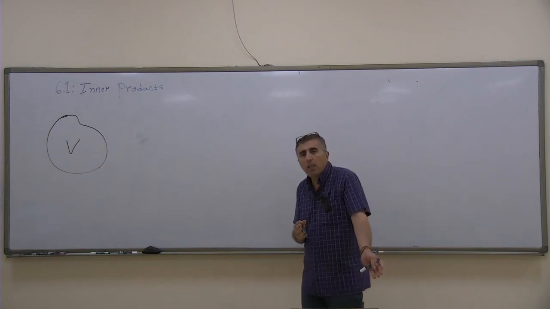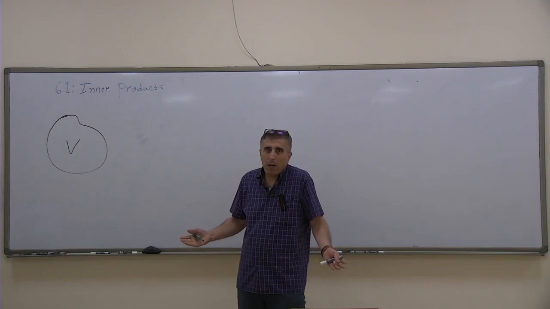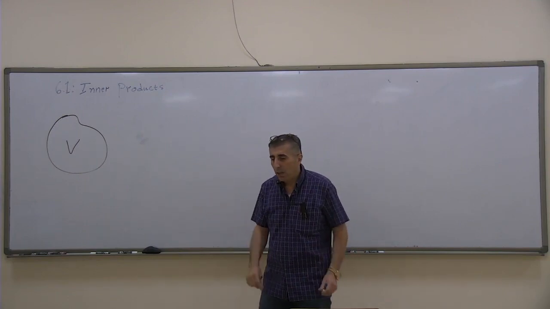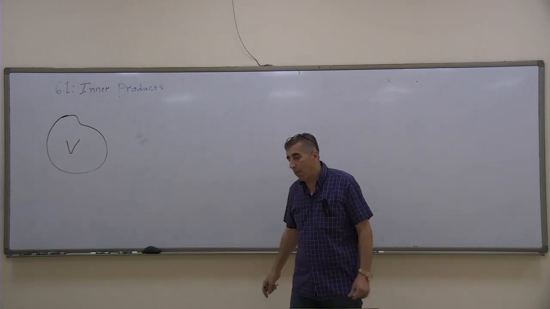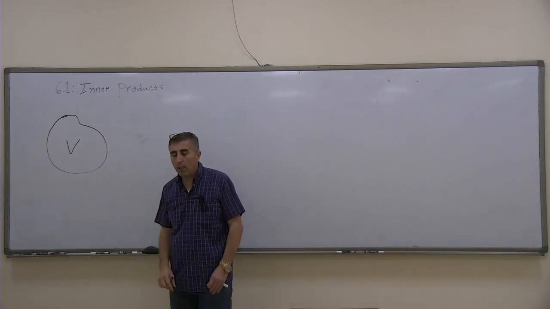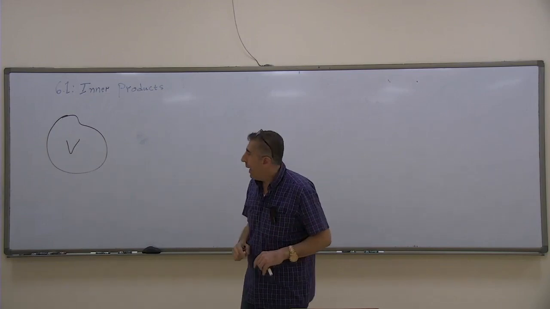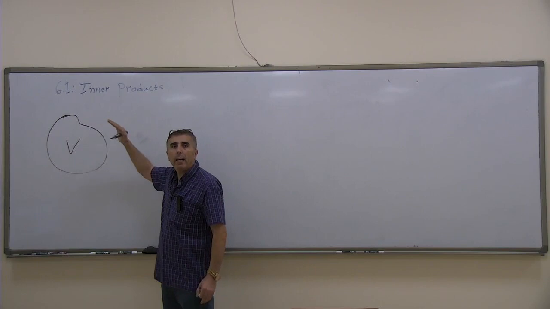Like 20 years ago, if you talk about mobile phones, they were like this big and they didn't have a lot of fancy things. They were just very simple. Then we started to develop that. Well, here, when you have a vector space, we need to think about how do we measure things there. And in that case, we need to define what we call an inner product.